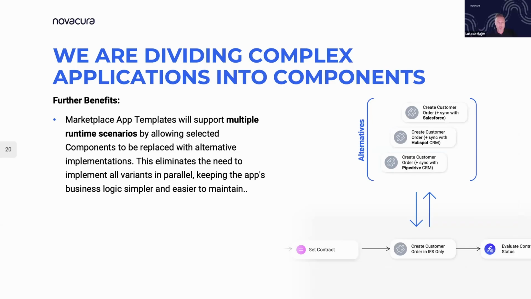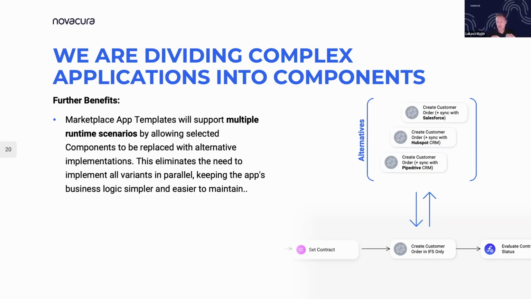First of all, when we build applications for the marketplace, we try to address the needs of very many different customers. And it's obviously hard to achieve that if you still want to stay simple. And with the components, we have the unique opportunity to offer a bunch of alternative components that might be used by our customers to replace parts of the application with an alternative variant.